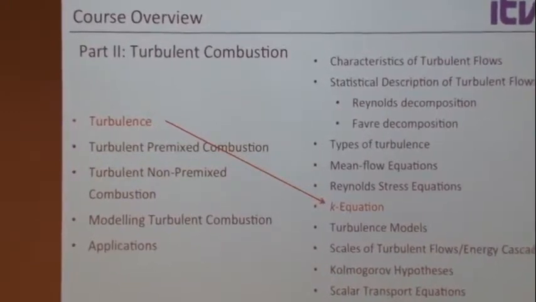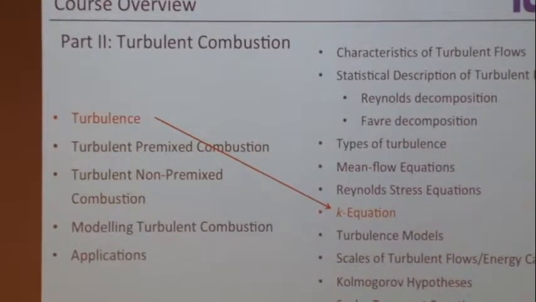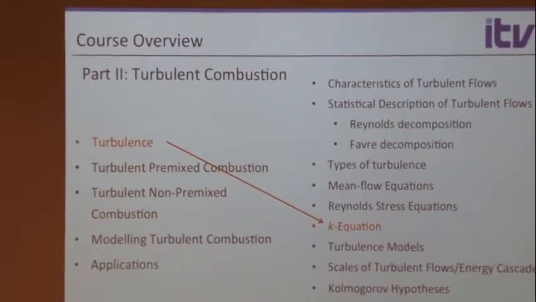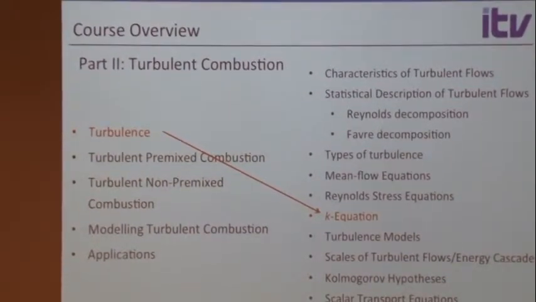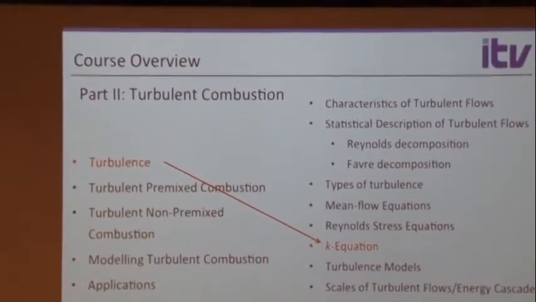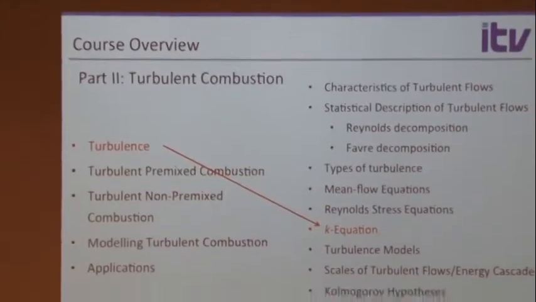But for now, we can derive another equation, which might be helpful, and that is that of the turbulent kinetic energy. The turbulent kinetic energy is the most important quantity to characterize turbulence. How do I characterize turbulence? Number one, you have velocity fluctuations, and the energy of these velocity fluctuations.